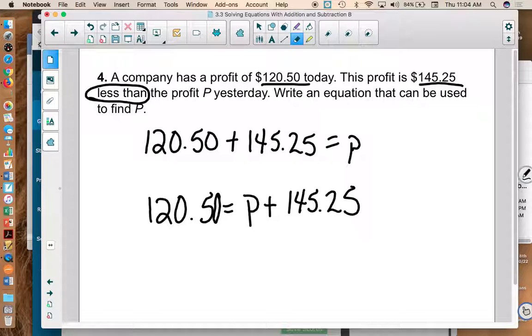Okay, this right here says that today's profit is $145.25 less than what I did yesterday. So if I take what I did yesterday and add that in, I should get today's, is what you're telling me. Yeah. And I agree with that one. But if I'm reading this right, $120.50 is more than what I did yesterday.